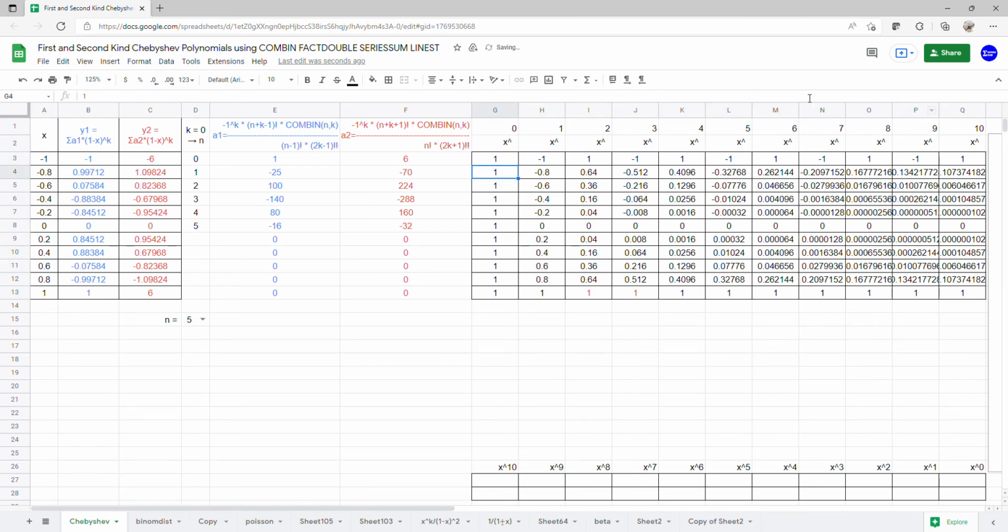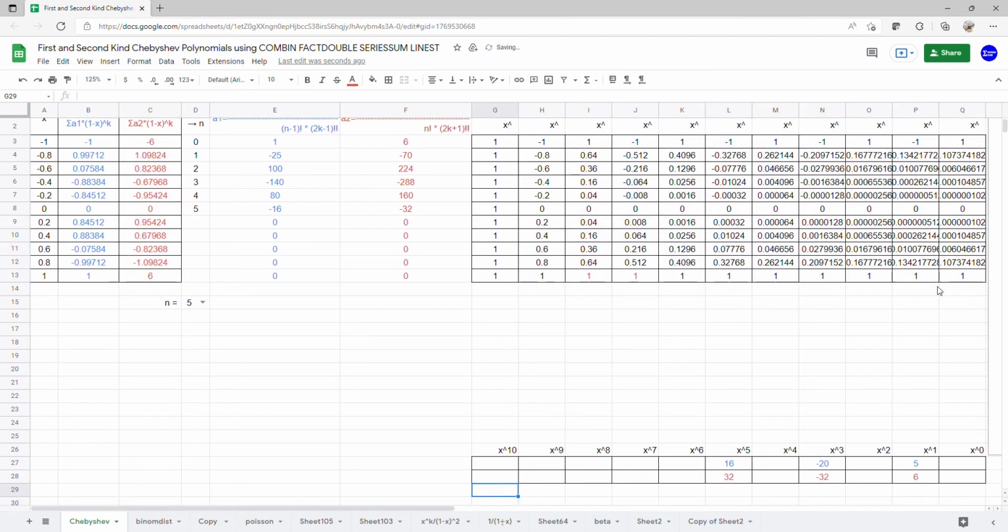Enter. Now we can use LINEST: data y and data x. And this is also LINEST, data y and data x. And enter.